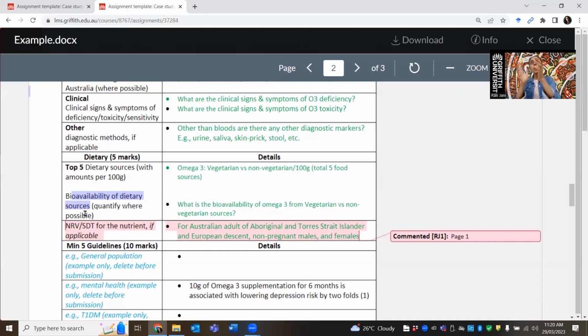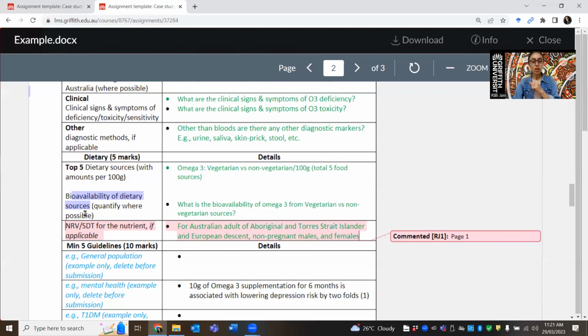Because to get the same amount of omega-3 from a fish, you need 3 teaspoons of that from a vegan source. So knowing information about bioavailability helps you to communicate this information with your patients. Okay, that is why we focus on this. Does that make sense? Okay, so try to quantify bioavailability where possible and where information is available.